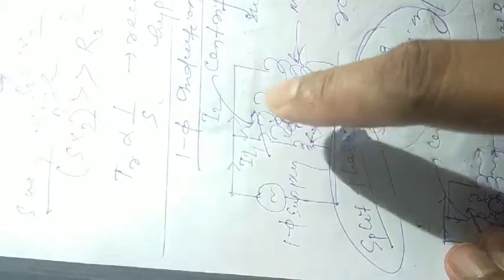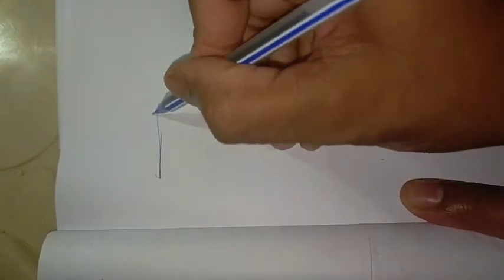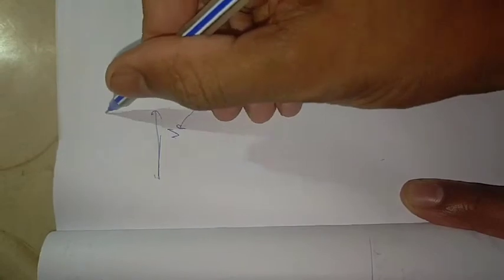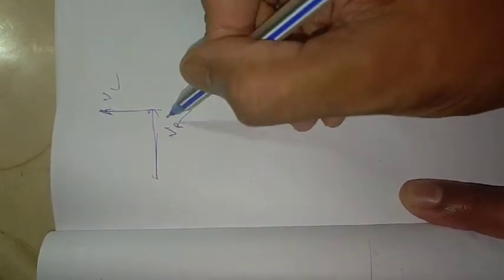Whenever the power factor increases, the torque will be proportional to the power factor, as you have seen earlier. In a single phase AC circuit you have already seen, if this is the value of VR, this one will be VL.